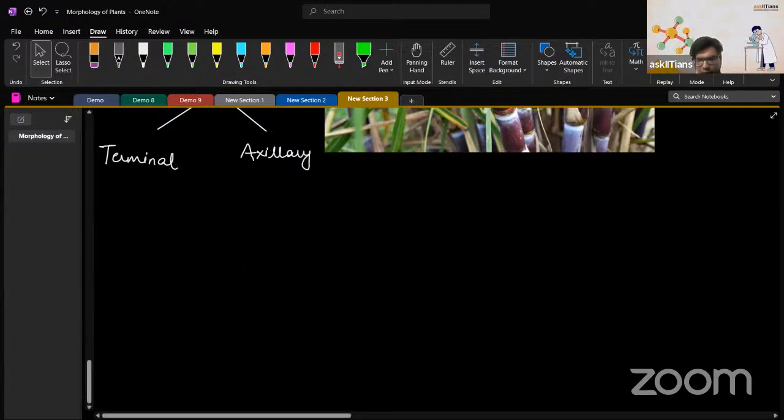Let me show you a picture that will help you understand the terminal and the axillary positions.